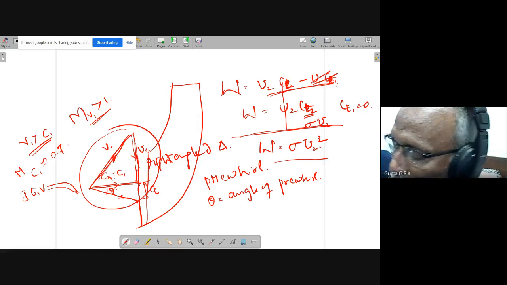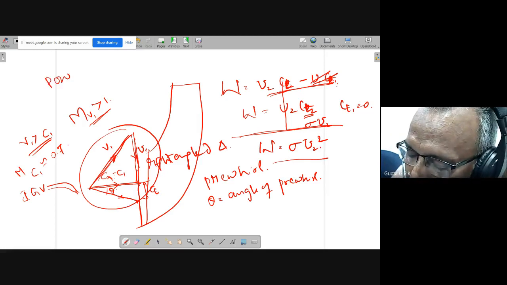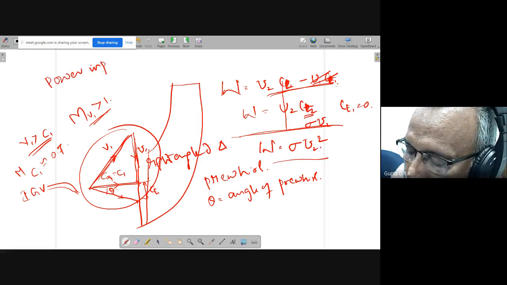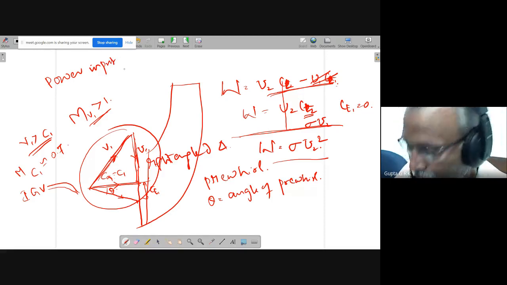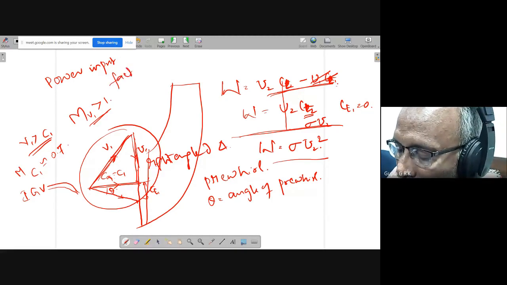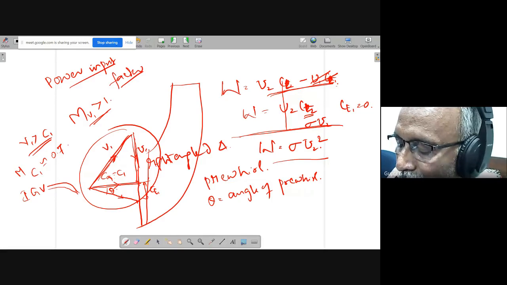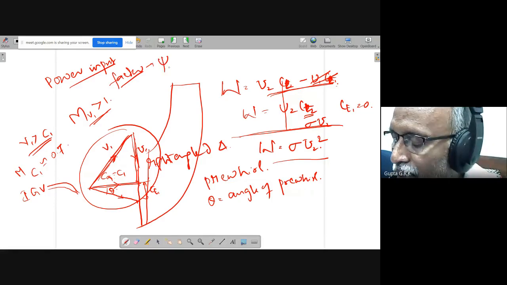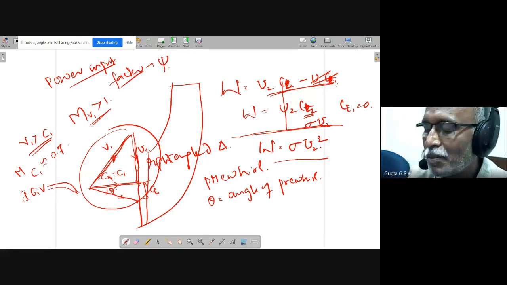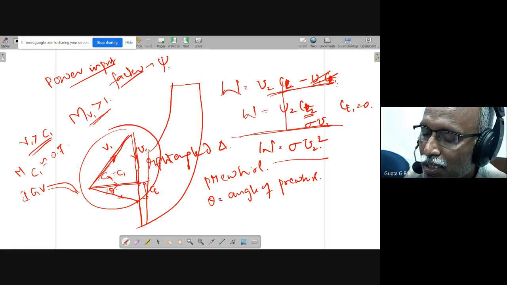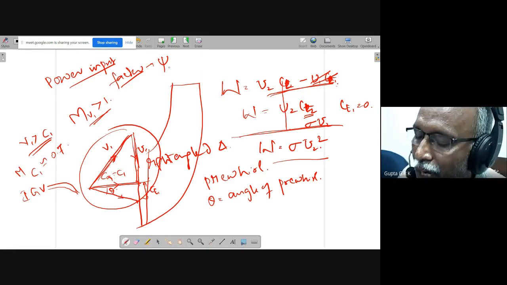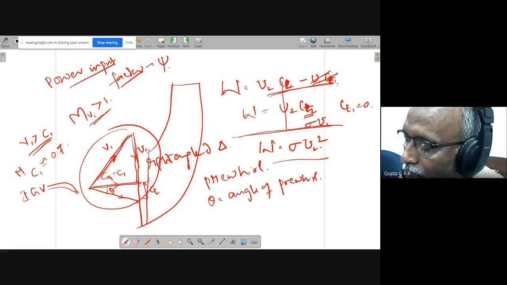There is another thing called the power input factor. It is given some symbol psi. What happens is, because of some friction in the disk and all, I have to supply a little bit more work than is needed by the compressor.